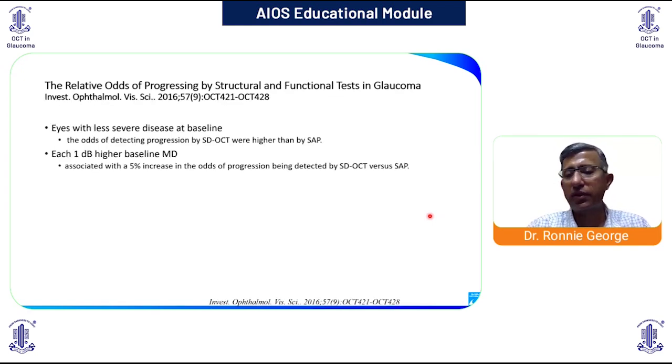And what they found was that in eyes which had less severe disease at baseline, you were more likely to detect progression by the STOCT than by standard automated perimetry. This is what we expected. And as the mean deviation got worse, you are more likely to detect progression with the automated perimetry versus STOCT.